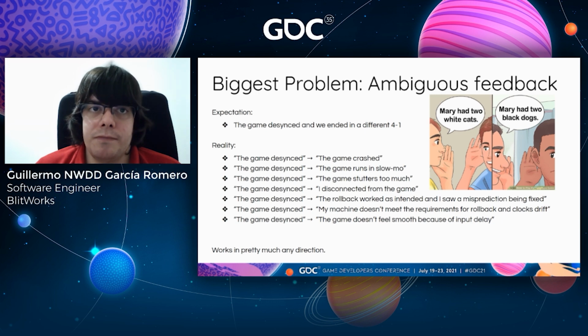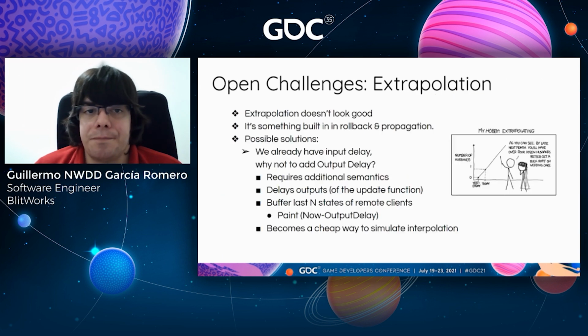The game crashed, the game whatever. The point is that you'll see all these words being used as if all words were perfect synonyms. You'll see people say that lag is stuttering, that clock drifting is crashing, that disconnections are sluggish, that input delay is the same. All combinations are possible, and it makes it very hard to know what problem a user has in order to help the user enjoy the game.